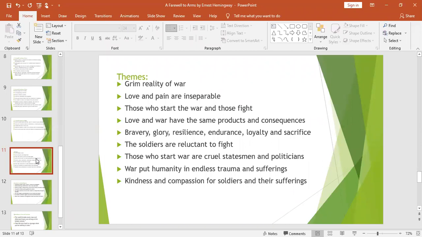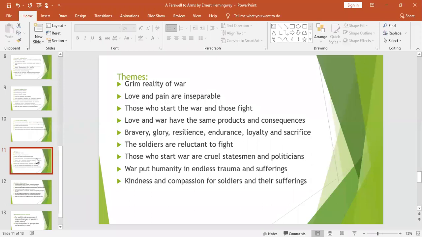Yes, basically the statesmen, the leaders, the politicians, they start the war. They have the planning, they have the strategy. And as we know, the First World War was fought because the Germans thought that the British and France and other countries posed a danger to them.